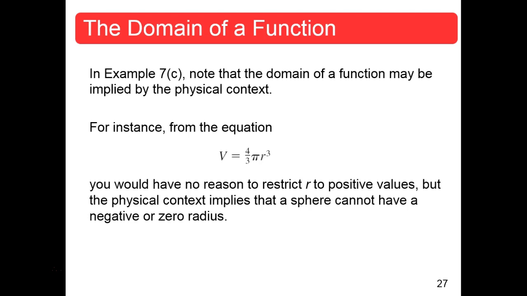If it was y equal to 4/3 pi x cubed, but it didn't say it's the volume of a sphere, then you'd say all real numbers, because there's nothing to restrict it. As soon as you say it's the volume of a sphere, you have to have only positive values for the radius. Okay? All right.